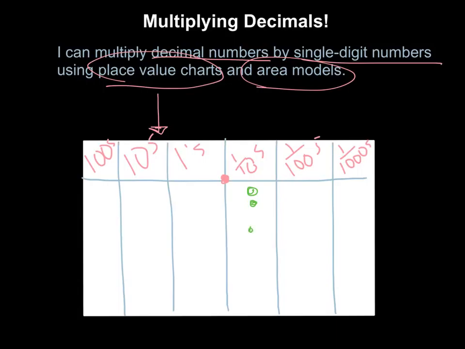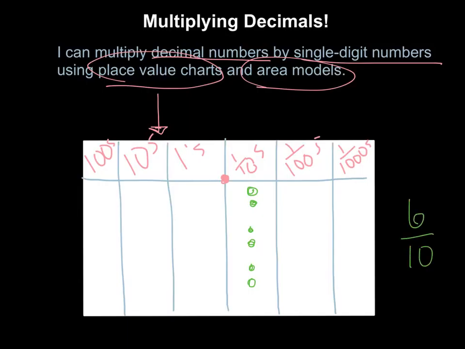For me, it would look something like this. Okay, so if we have 3 copies of 2/10, how many tenths would we have in all? Well, I see 1, 2, 3, 4, 5, 6 tenths in all.